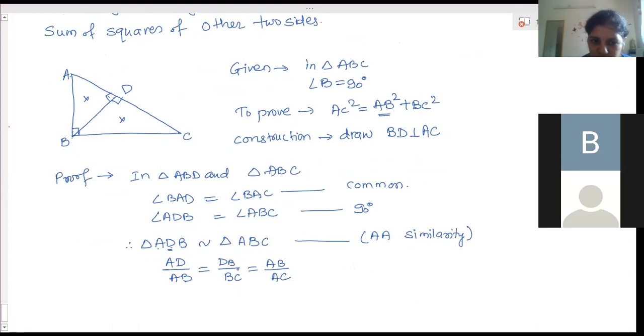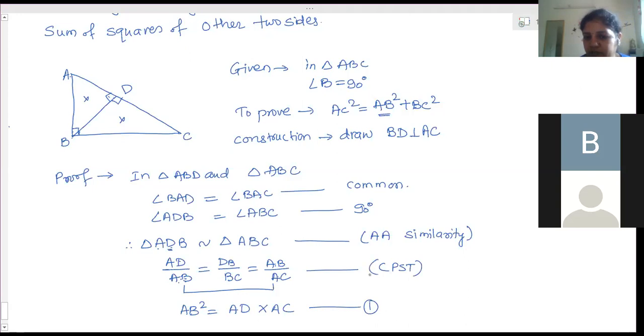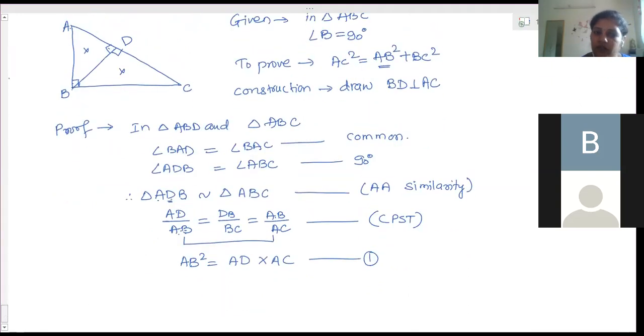So if we cross multiply these two fractions, AB into AB will become AB square, which is equal to AD into AC. So AB square is equal to AD into AC. Mark this equation 1. Here it is CPST. Is it clear? Yes, ma'am.